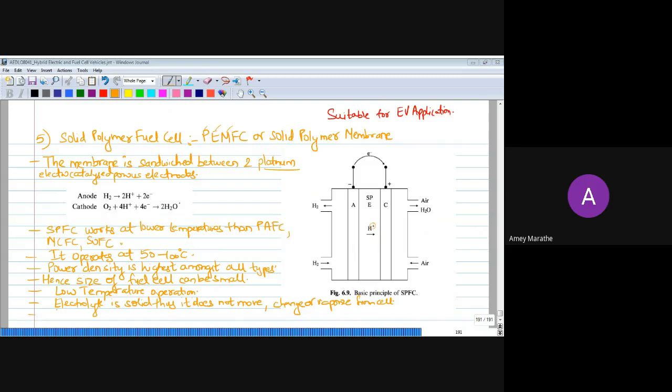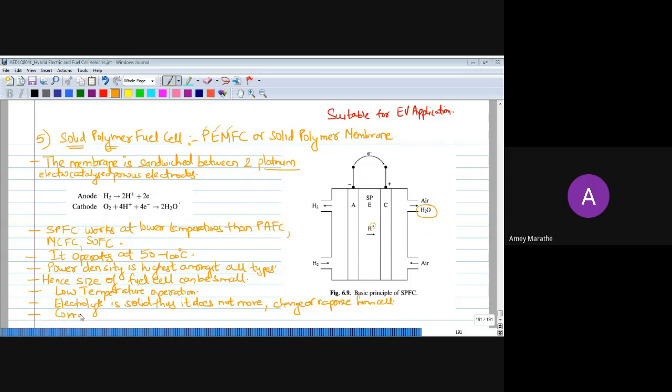The fourth advantage is, from the name itself, we know that it is solid polymer fuel cell. In this entire fuel cell, the only liquid which is there is water. And since the liquid is only water, there is no possibility of any corrosion.